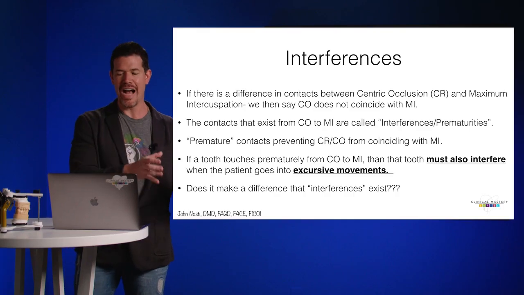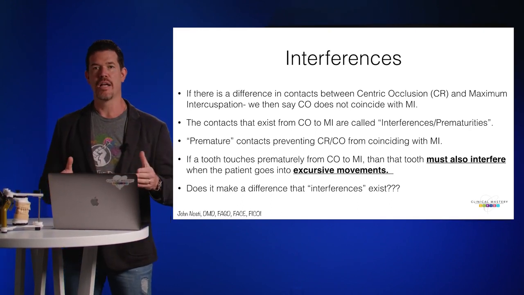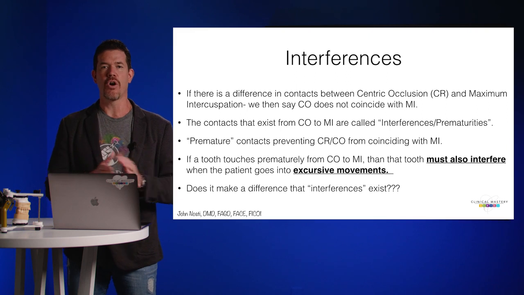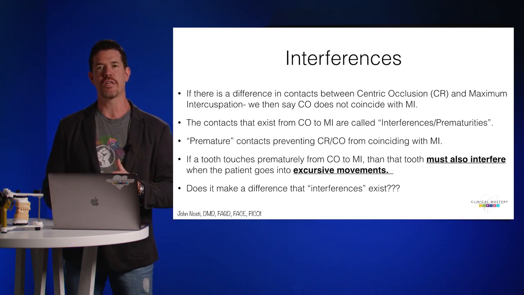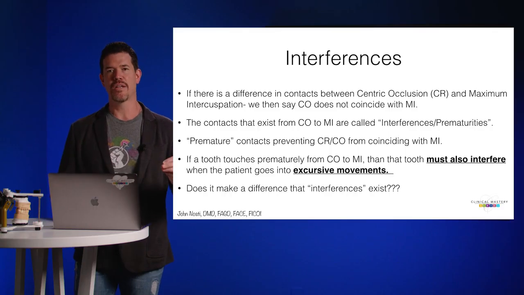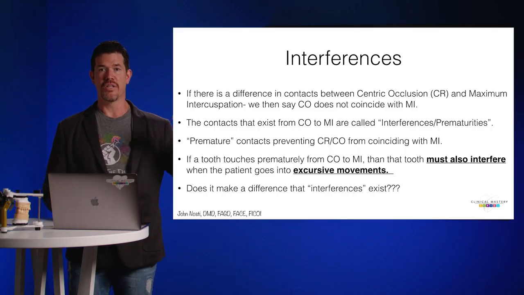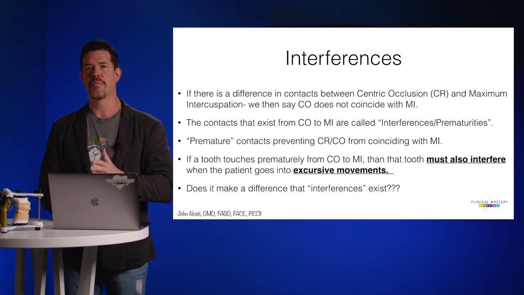That means that there are teeth that contact between CO and MI, and those contacts are called interferences or prematurities. Both of those are used interchangeably with one another. Prematurities mean there is a premature contact preventing CO from equaling MI.